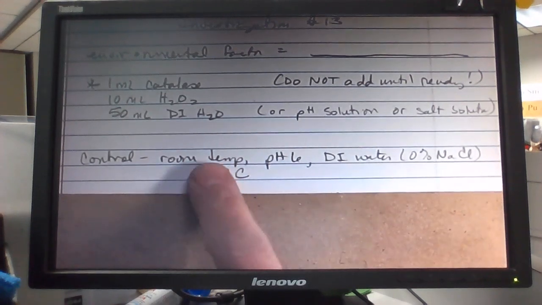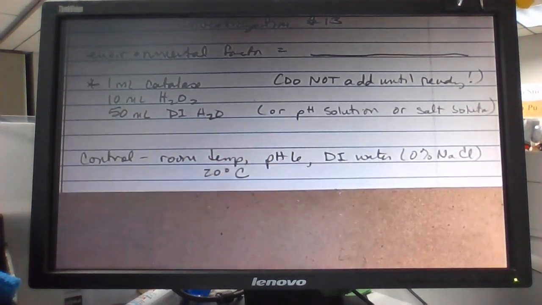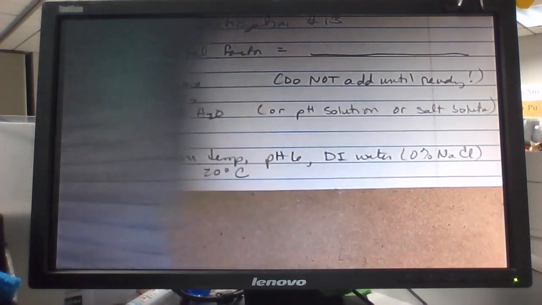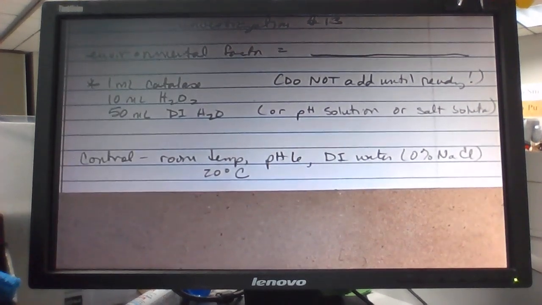Room temperature is about 20 degrees Celsius, pH, distilled water, since we're testing temperature, pH, and salinity. 0% NaCl, 0% sodium chloride.